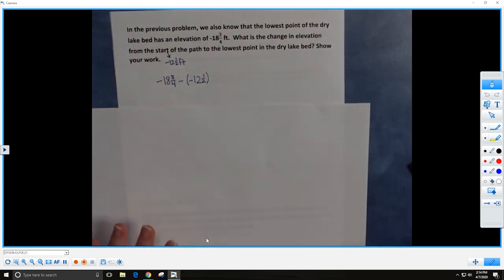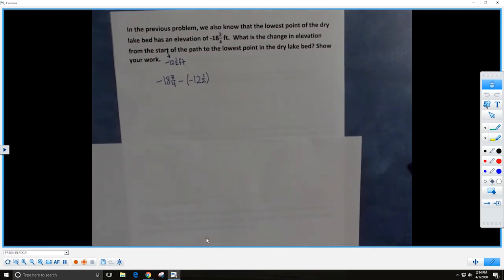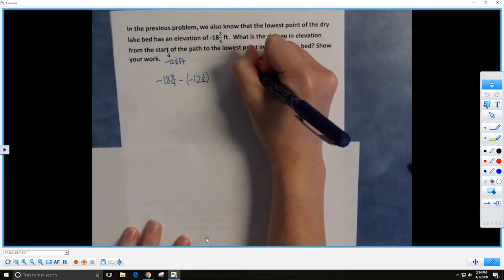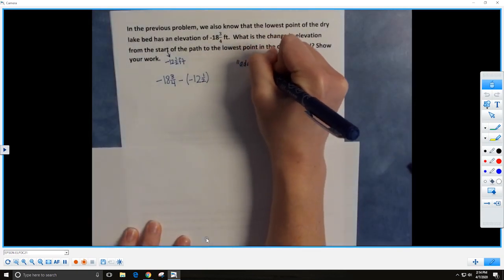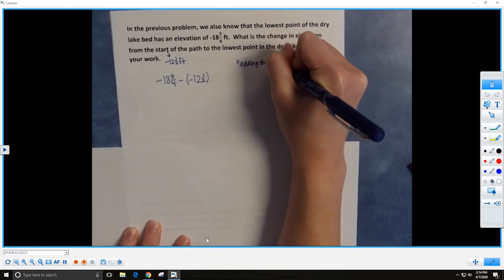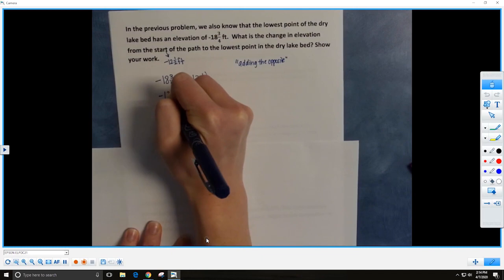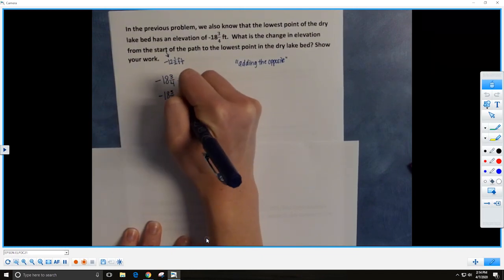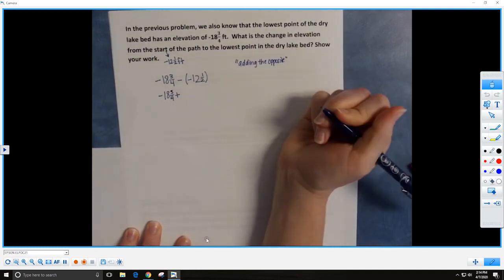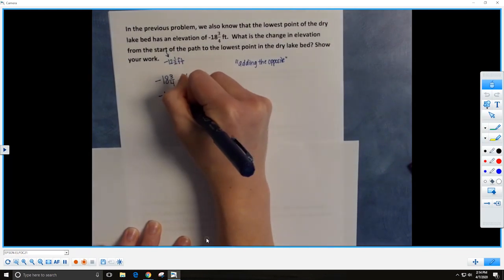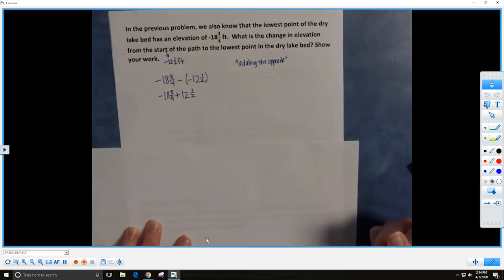Now, what we've talked about over the past couple of examples is that when you're subtracting, you can add the opposite. Remember, we've written that several times, adding the opposite. So, negative 18 and 3/4 plus the opposite of negative 12 and 1/2, which is positive 12 and 1/2.